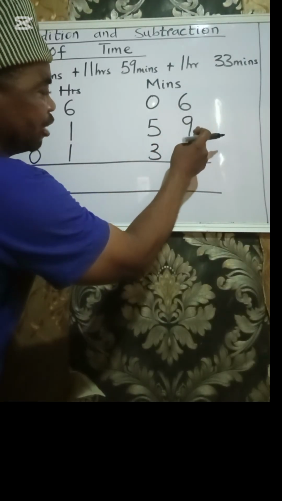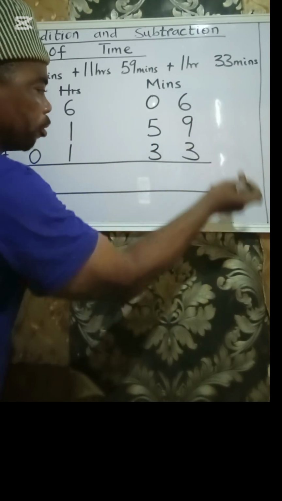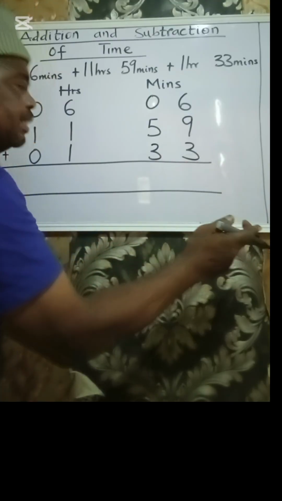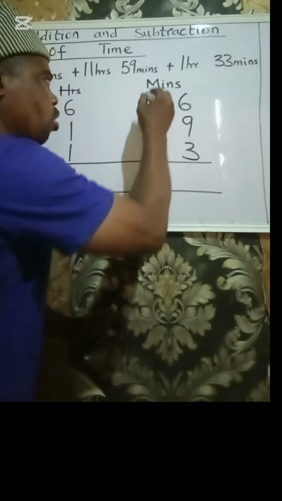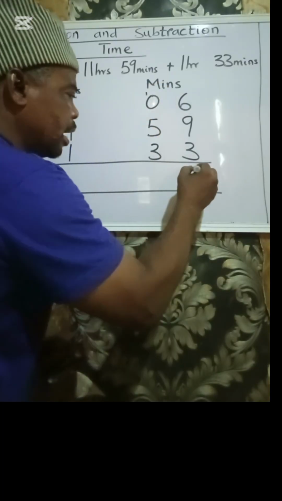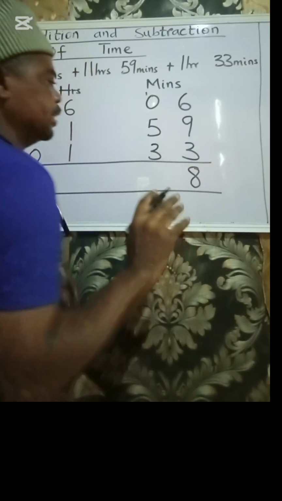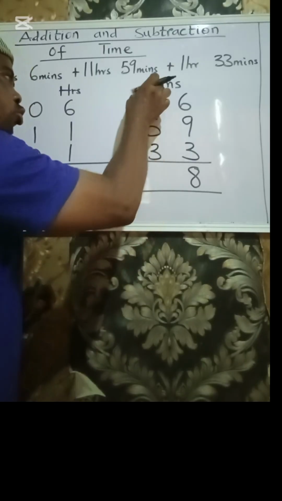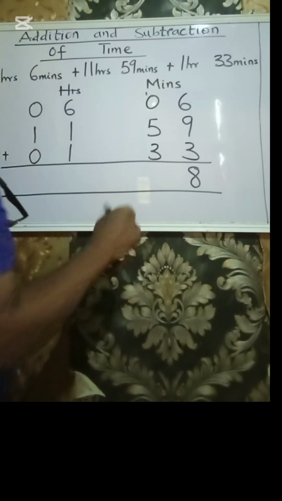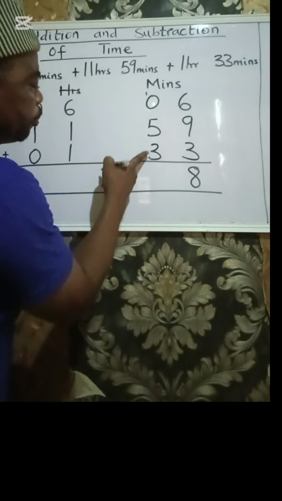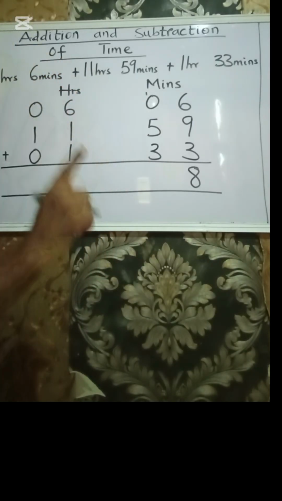Alright class, 6 plus 9, 15. 15 plus 3, 18. 18 is normal. This side is normal. 1 comes here very small and 8 comes here. Yes, it is only this place that we have to be very, very careful and mindful of. Now add this together. 1 plus 6 plus 3, that is 9.